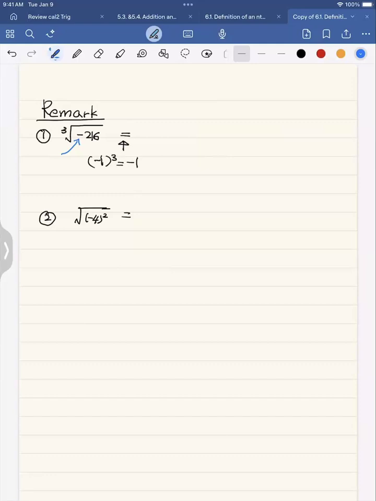And then we can rewrite that as the cube root of minus 1 cubed times, as we already decomposed, 6 cubed. Then that's the cube root of negative 6 cubed. So that's negative 6.